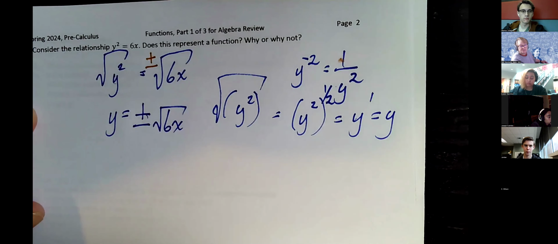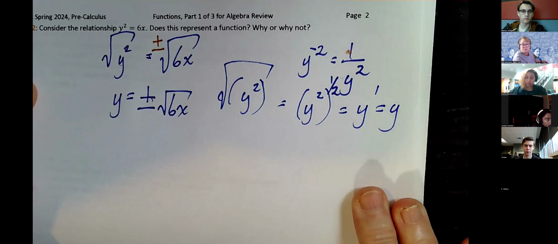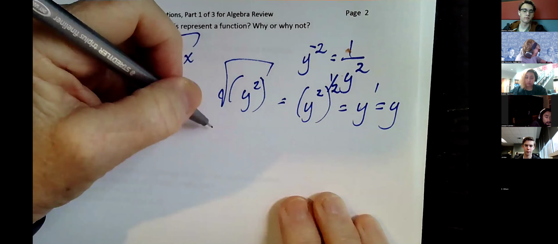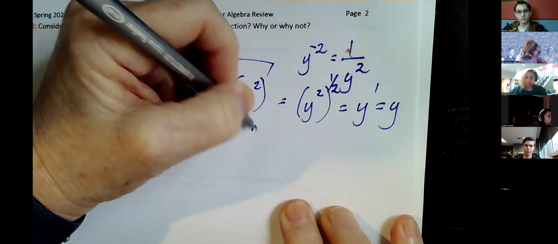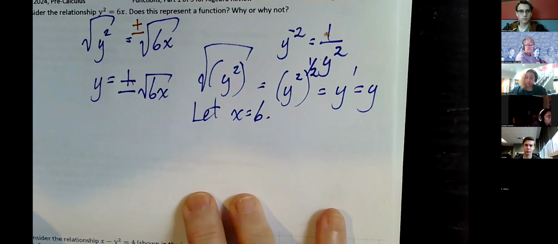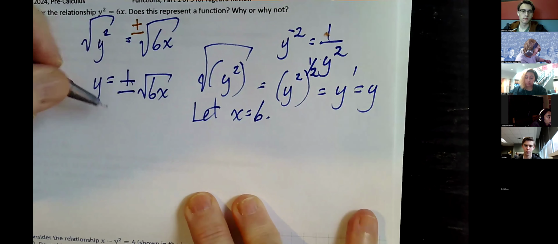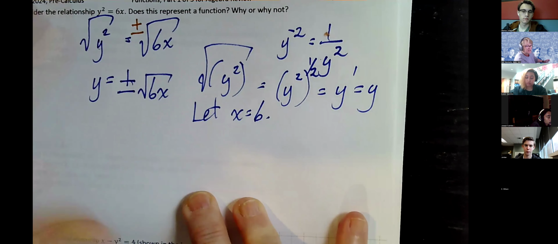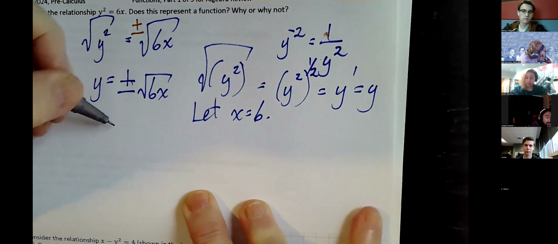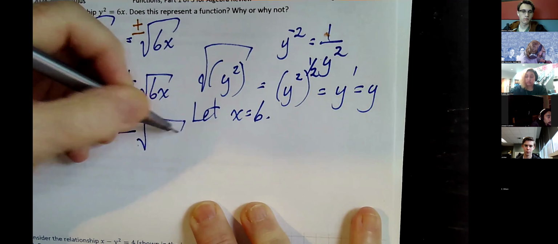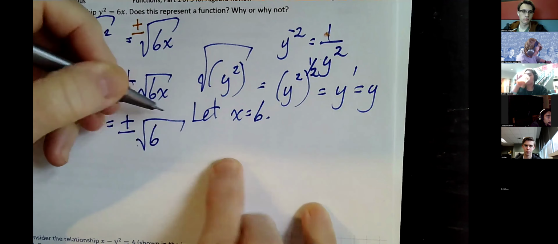Let's look at one particular input because it gives us a nice answer. Let x equal 6. So I have plus or minus the square root of 6 times 6.